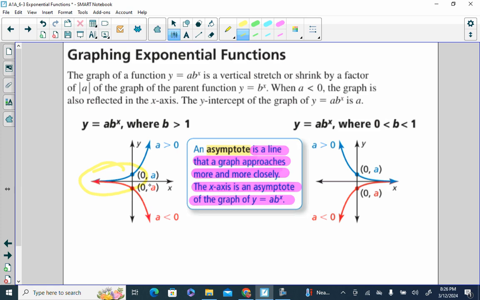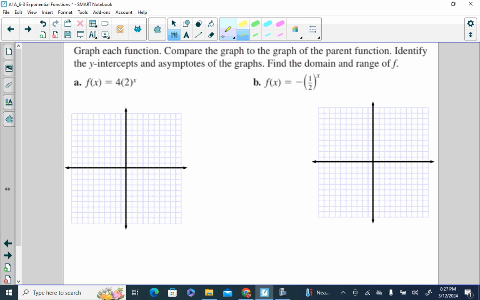So that's what we mean by the asymptote. The same thing we would look at in this graph here. We see once again the blue graph approaches the x-axis, the red graph approaches the x-axis. So that's what we mean by the asymptote. So let's take a look at some of these graphs.